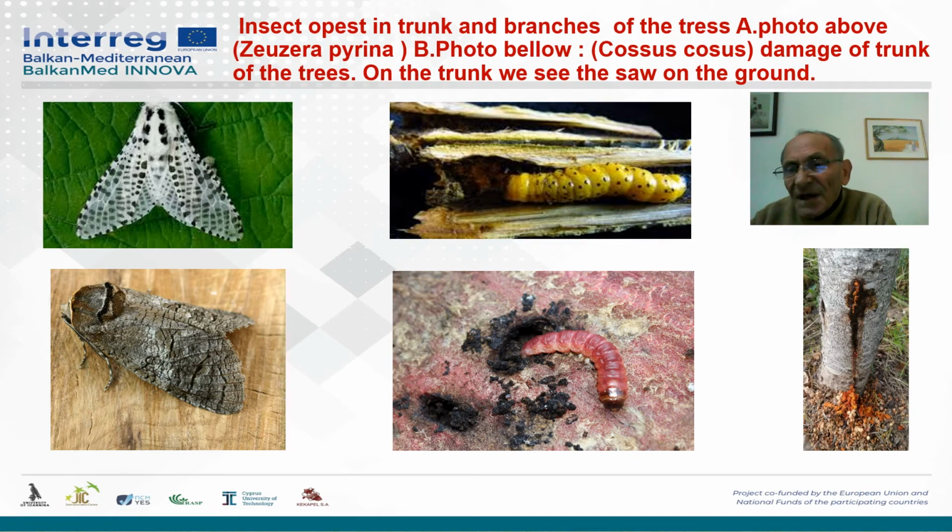We see here the apple tree with a hole, and on the ground is sawdust. This kind of sawdust is a typical symptom to think about damage from this insect.